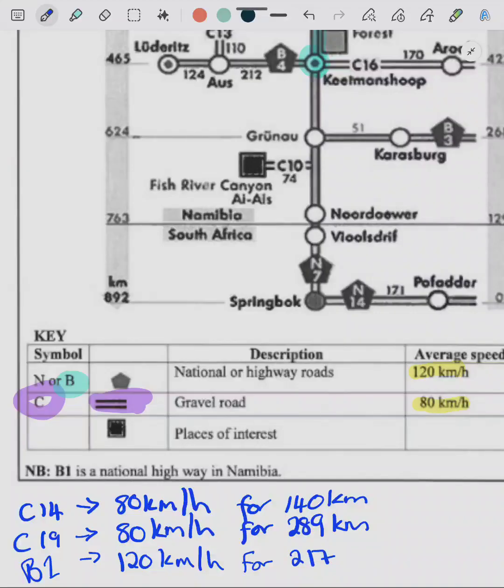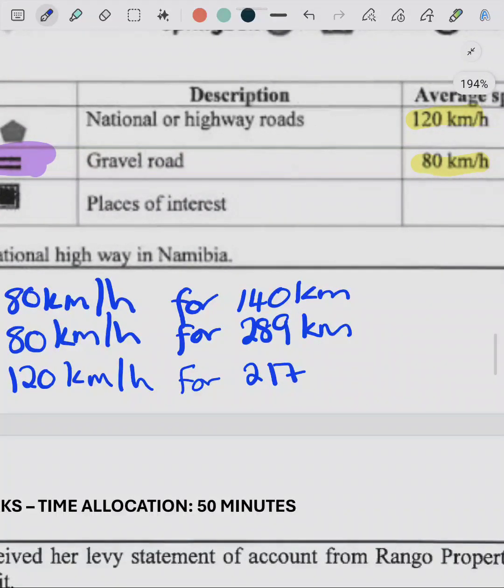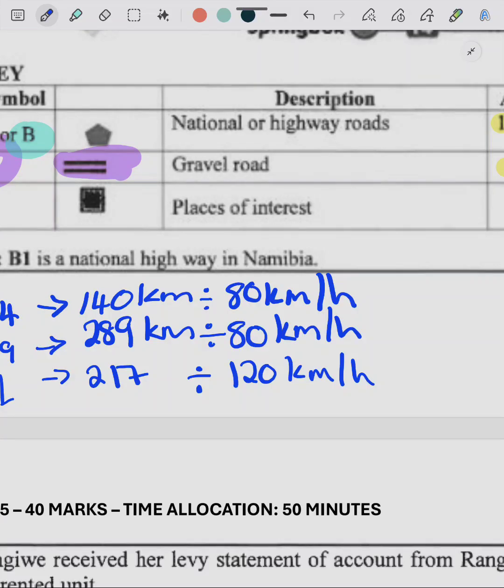So let's work out how much time that trip actually took her. This is just doing speed, distance, time. I'm going speed times distance. Sorry, not speed times distance. Distance divided by speed. Which I'm just going to rewrite quickly to show the right calculation. Okay. If I do this division, I'm going to get 1,75 hours on the C14.